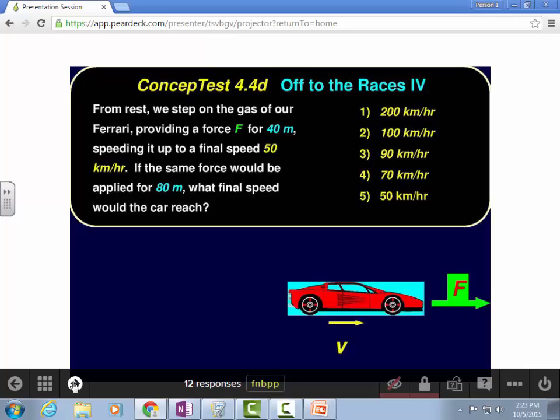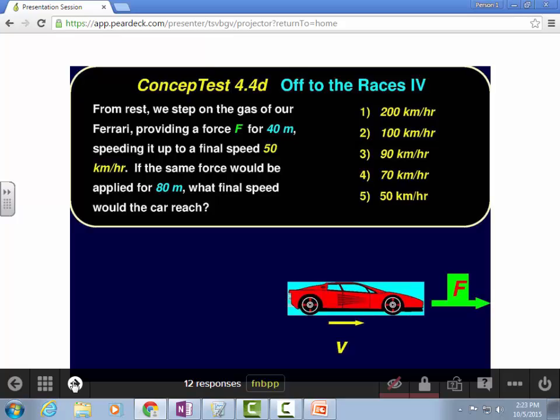So we have Vf2 squared equals 2F over M delta x2, where A is just F over M. Vf1 squared is equal to 2F over M delta x1. Guess what I'm going to do with these two? Divide them.